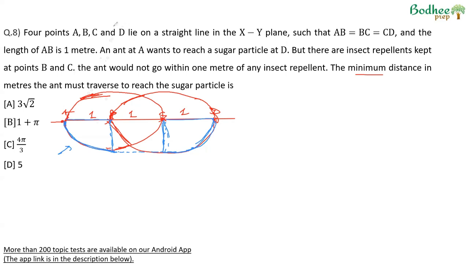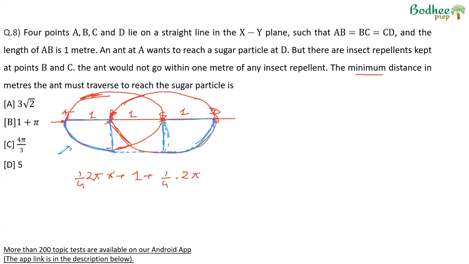And therefore, the total distance that the ant needs to cover: the radius of both these circles is 1. So one-fourth of 2 pi r plus BC length is 1 plus one-fourth of 2 pi r.